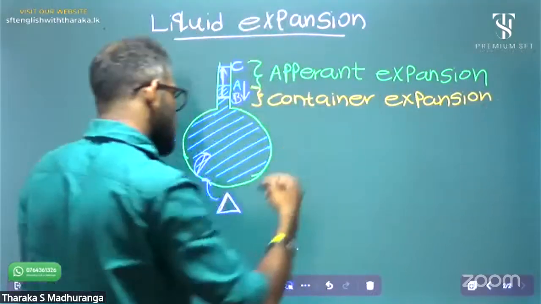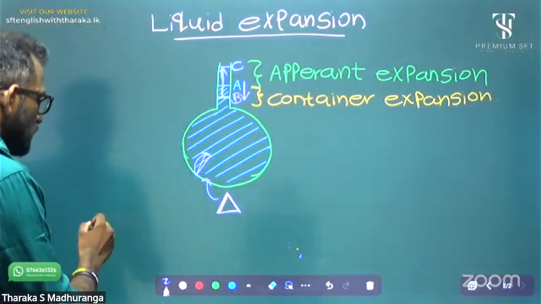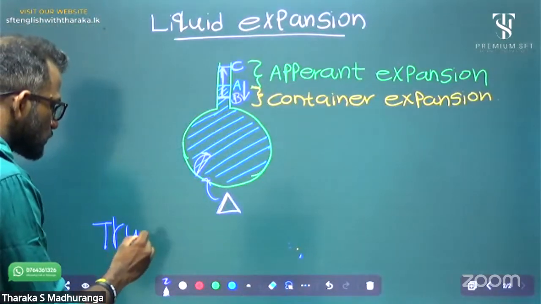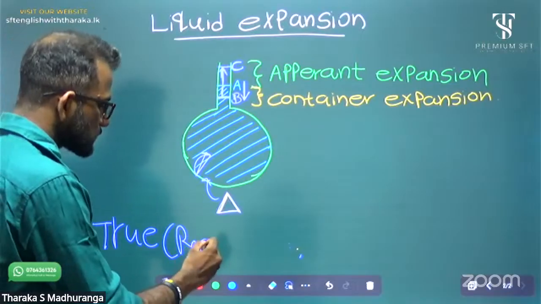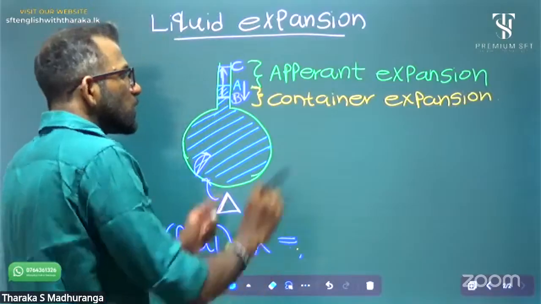If you want to get the real expansion or true expansion, how do we get the true expansion? What is the equation?